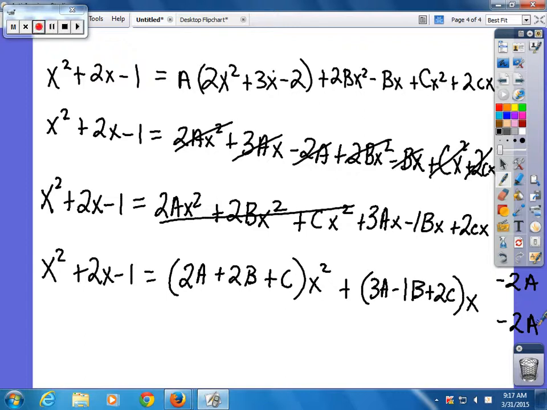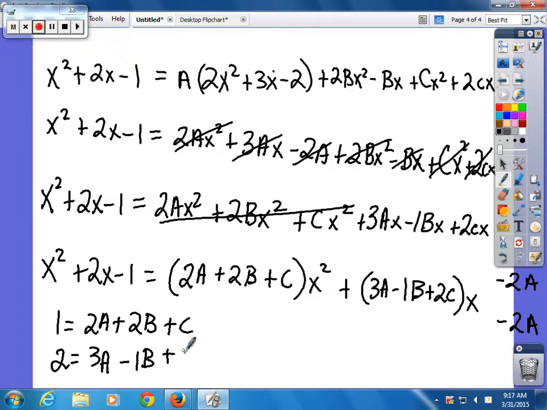So 1 is equal to 2a plus 2b plus c, and 2 is equal to 3a minus 1b plus 2c.